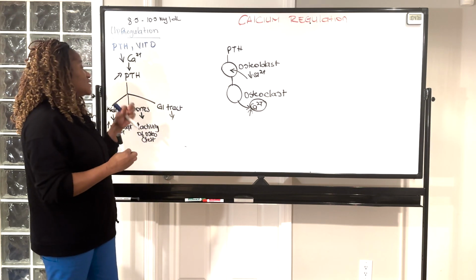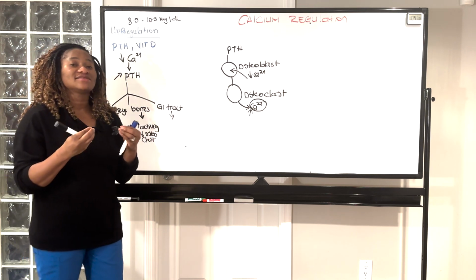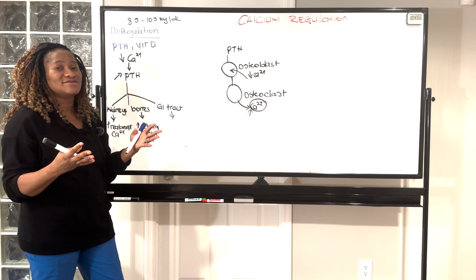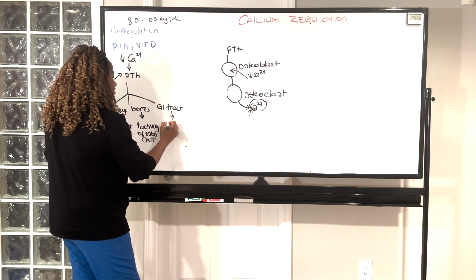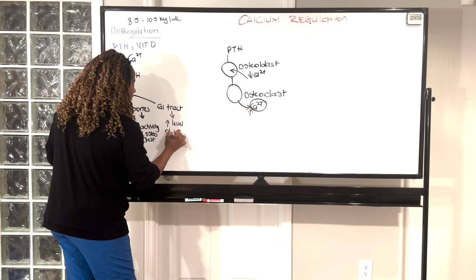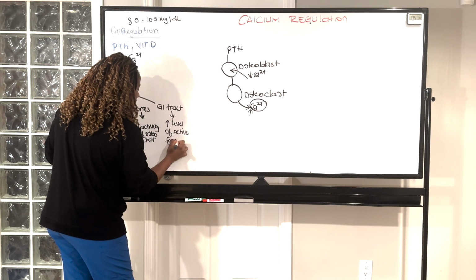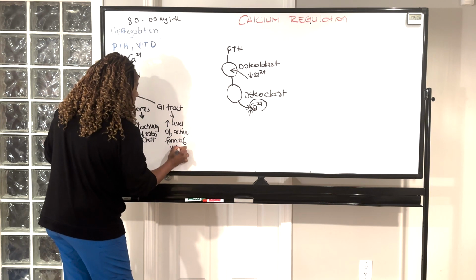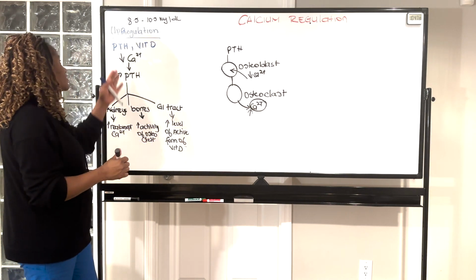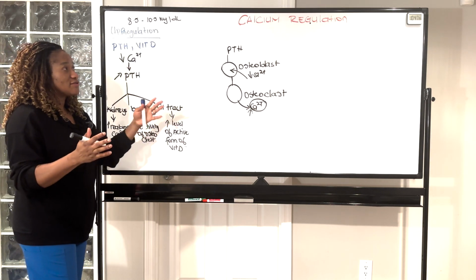So the parathormone is going to speed up those enzymes to convert the vitamin D into its active form. That will help to reabsorb more calcium in the GI tract. So here we're going to see an increased level of the active form of vitamin D, which is going to increase the level of calcium in the blood. So this is the mechanism that really upregulates the level of calcium.